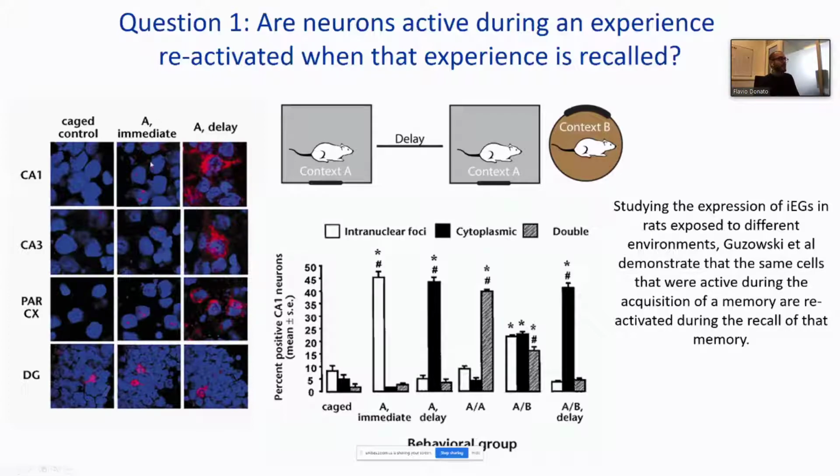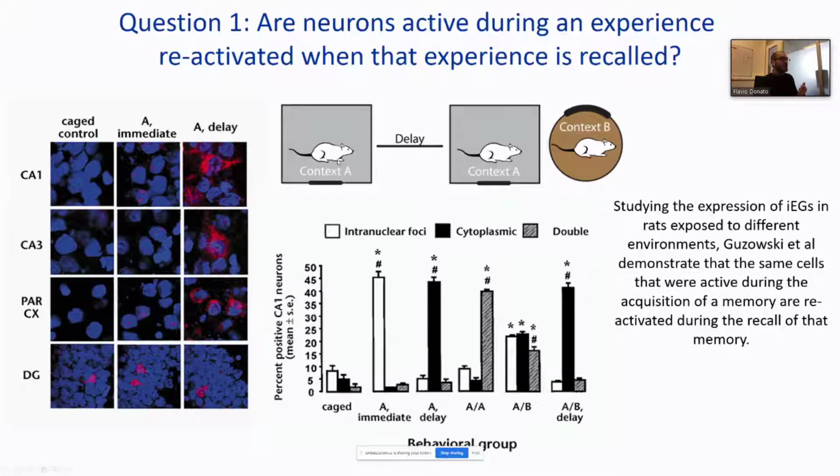So if you put the animal in context A and go immediately and look for the presence of the mRNA for that specific immediate early gene, you will find some foci in the nucleus, but nothing in the cytosol because the protein has not been translated yet. If you wait a little bit, then after the delay, the gene will no longer be in the nucleus because those cells are not active; the experience is over. But you can find the protein at this moment in the cytosol. So you can clearly distinguish if the neuron was active in the immediate past or in a remote past by seeing where you can find the mRNA or the protein.